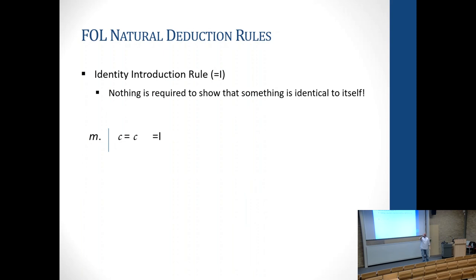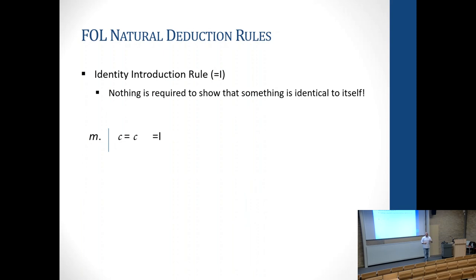So you can introduce A equals A, you can introduce E equals E, you can introduce C equals C, whatever you want. This is the weirdest rule in some ways because it is the only rule where we don't cite anything. It is literally giving you a sentence from nothing. But it's a derived sentence. What's it derived from? Nothing.